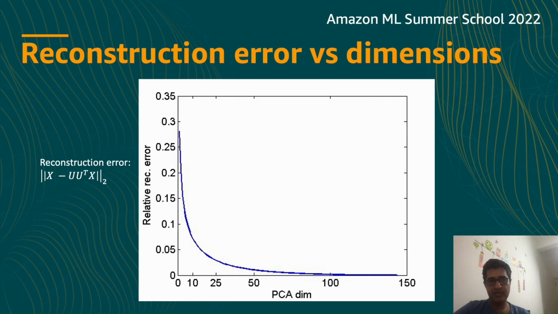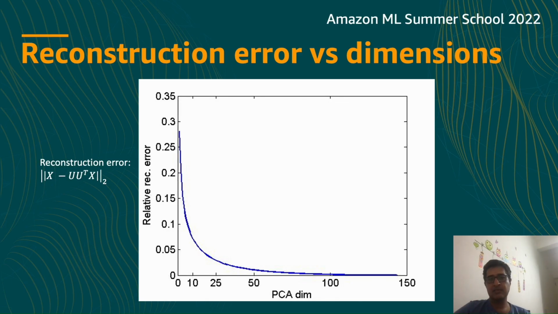Remember from a few slides ago that U transpose X gave you X hat, which was in a much lower dimensional space. This graph shows that if X hat was only 10 dimensions, how much of your matrix would you be able to reconstruct? How much information loss do you have?